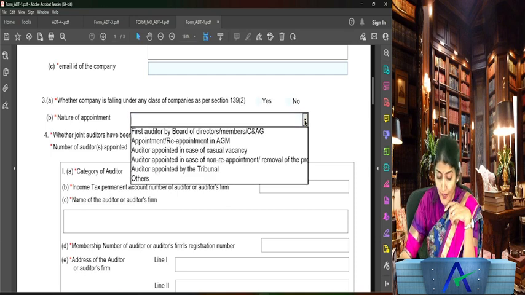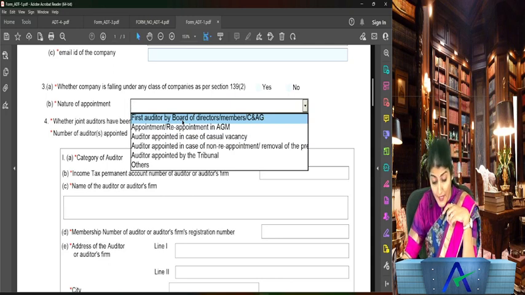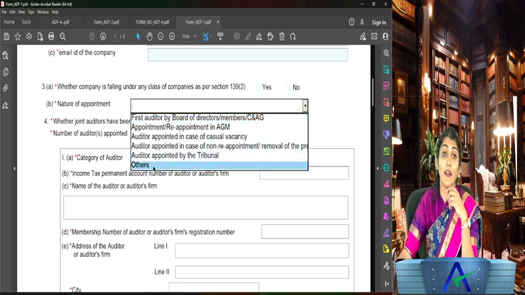The nature of the appointment. First auditor appointed by BOD or members of CAG. Then appointment, reappointment in AGM. Auditor appointed in case of the casual vacancy. Auditor appointed in case of non-reappointment or removal of the present auditor. Auditor appointed by the tribunal or the others.